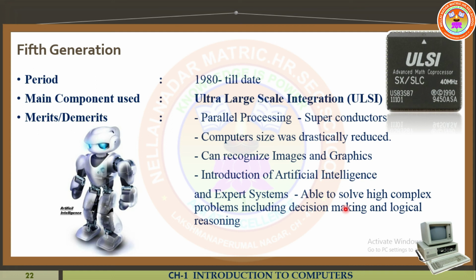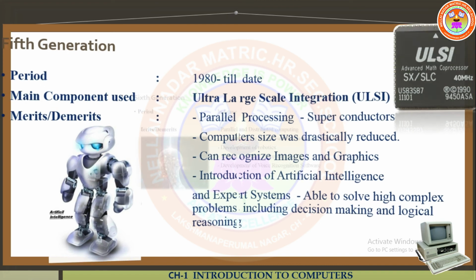So these are the different works done with the use of artificial intelligence and expert systems. These are very important pieces of information about the fifth generation of computers. And artificial intelligence, the best example looks like robotics or a robot. Automatically it proves its intelligence artificially.